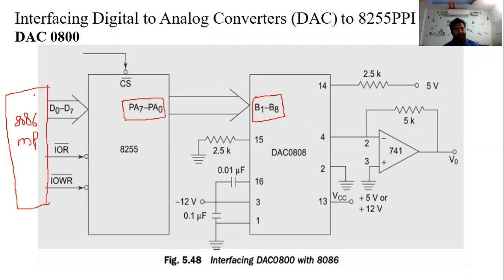On the microprocessor side, this is the 8255 PPI, and this is DAC 0800. We give PA0 to PA7 to this one. This is the output voltage, so the output will get the waveform of plus 5 volts and minus 5 volts.